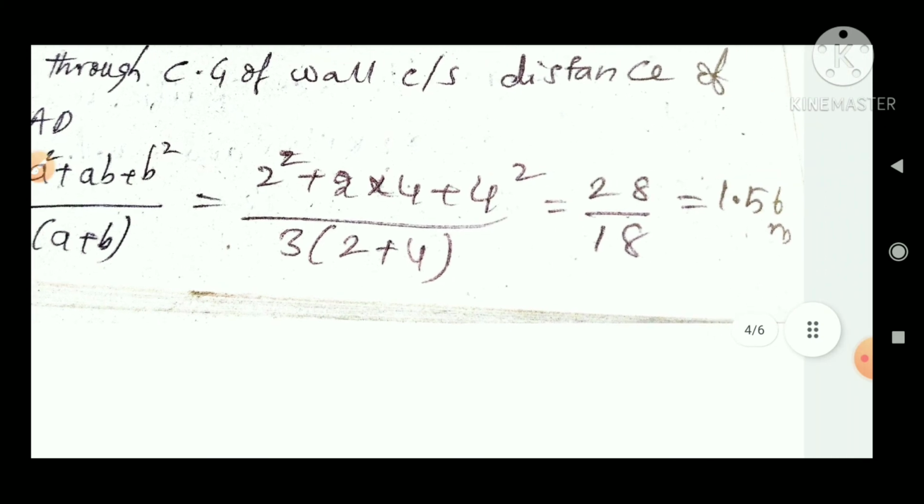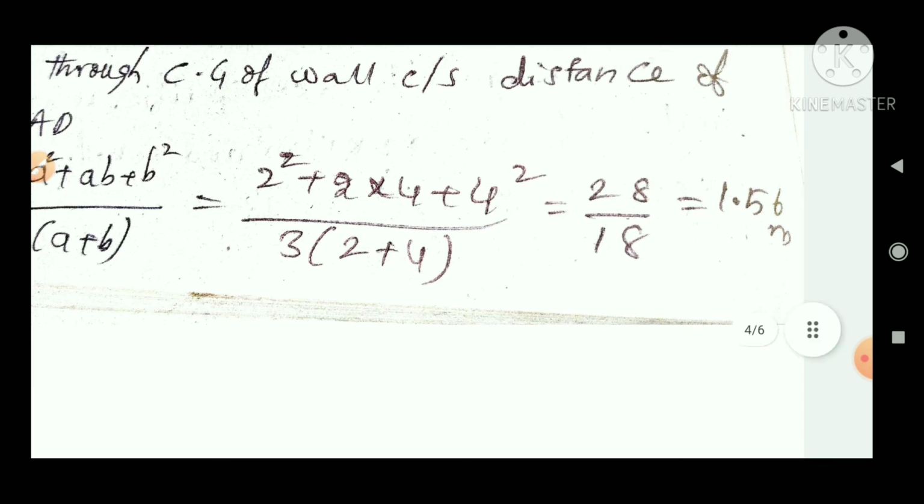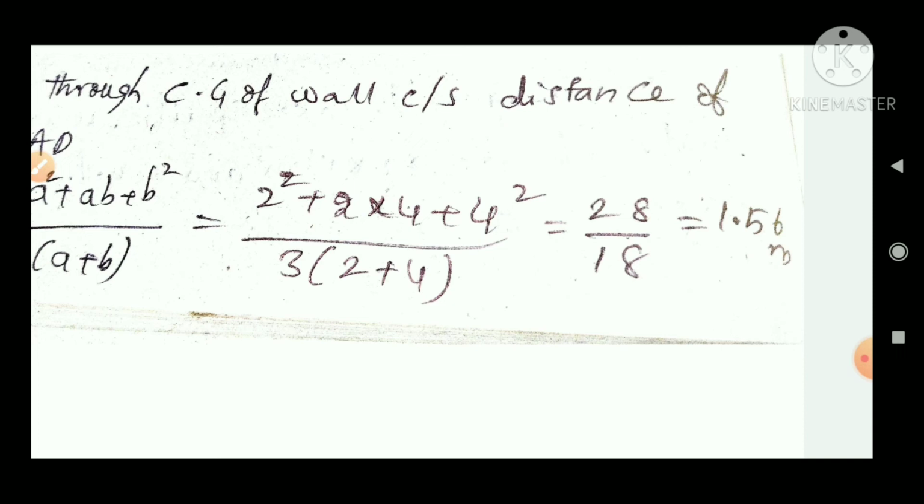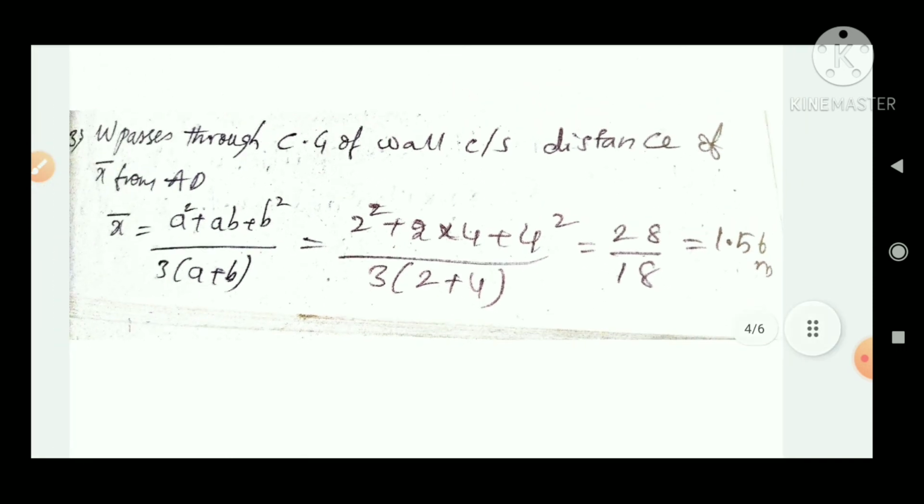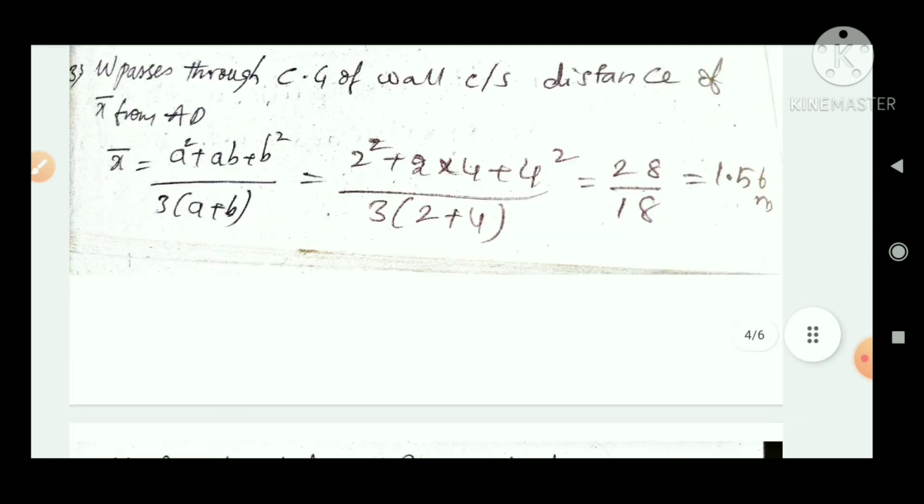Here the values are put in: 2 square plus 2 into 4 plus 4 square, by 3 of (2 plus 4), then 28 by 18 equals 1.56 meter. The measured parameters are always in meters.